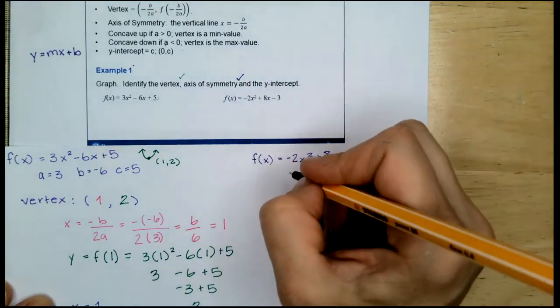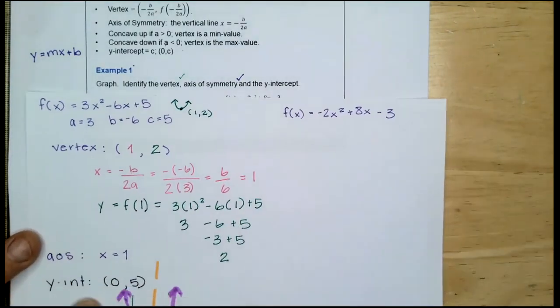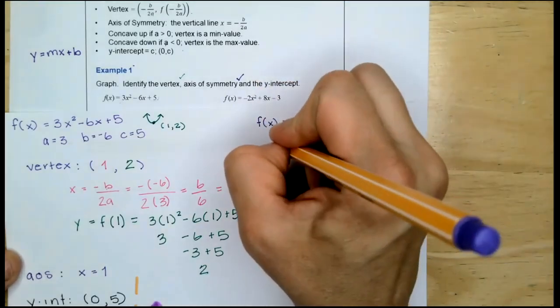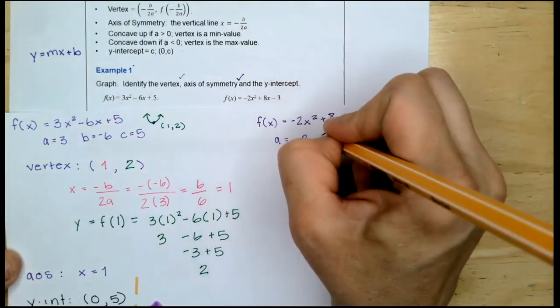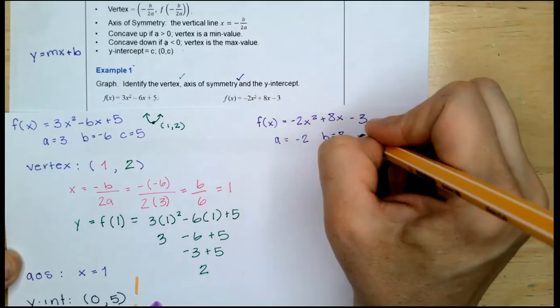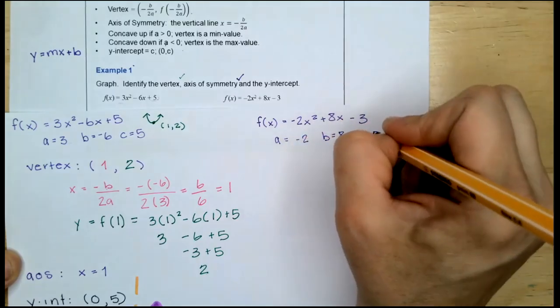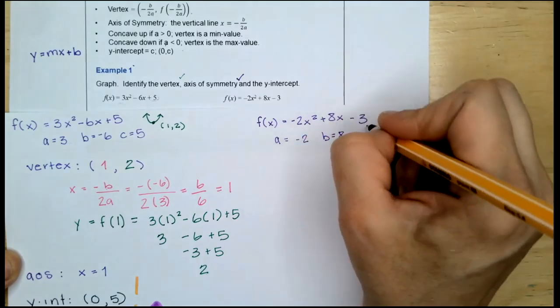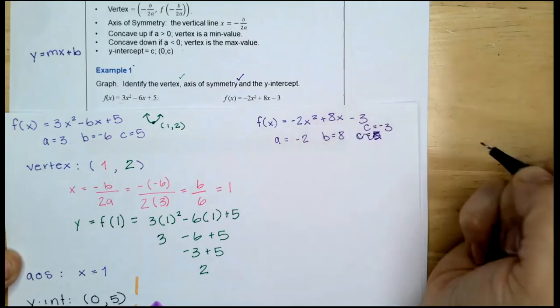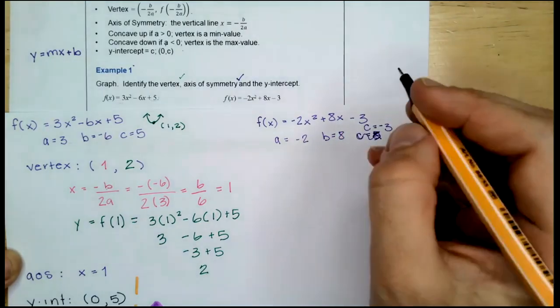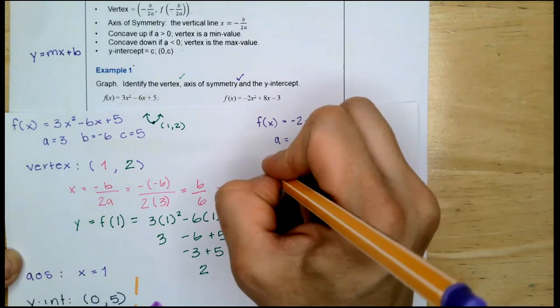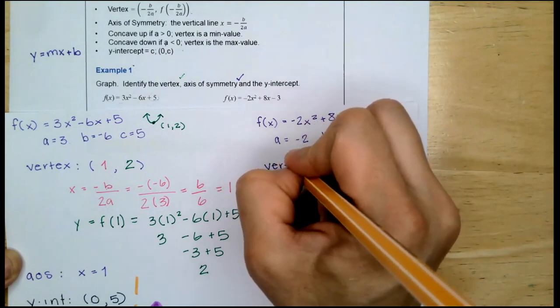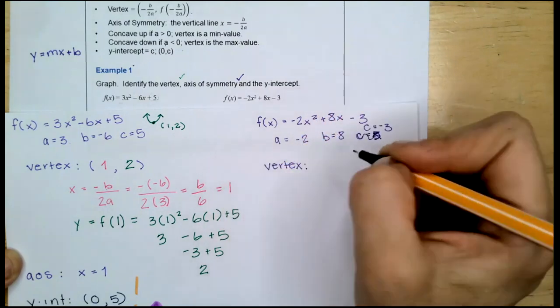Good. Again, we're finding vertex, axis of symmetry, and y-intercept. So I need to find my A, B, and C. All right, vertex, we're going to find it the same way.